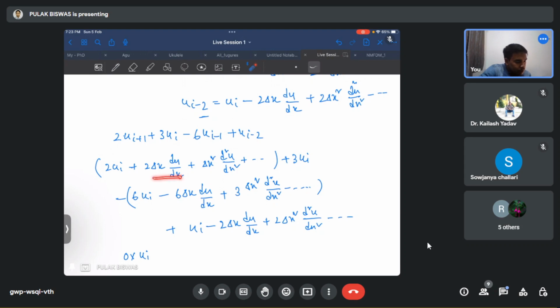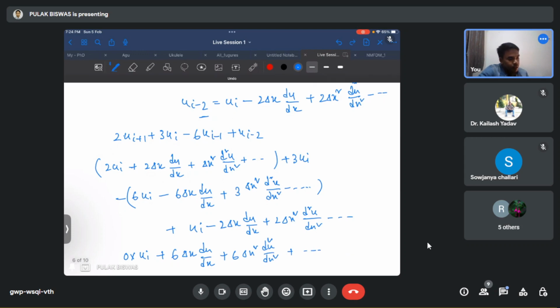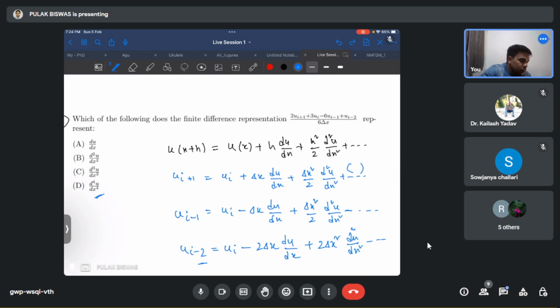For this term, here is coming 8 minus 2, for the next term again 6, whatever next remaining. So now it is divided by 6 delta x.